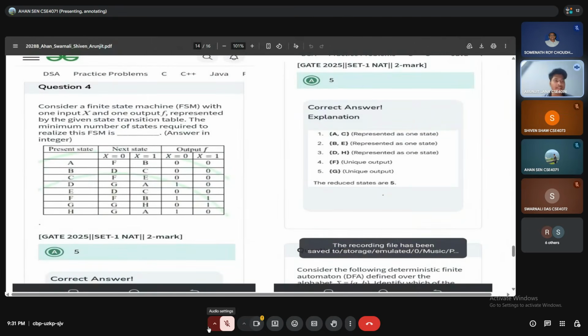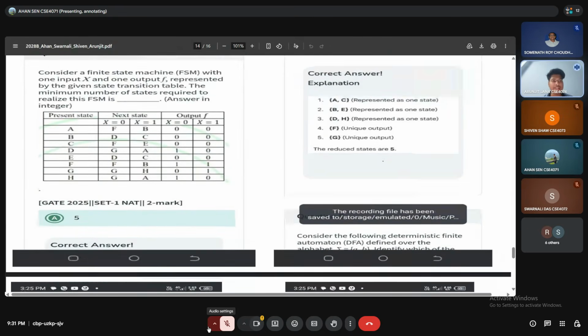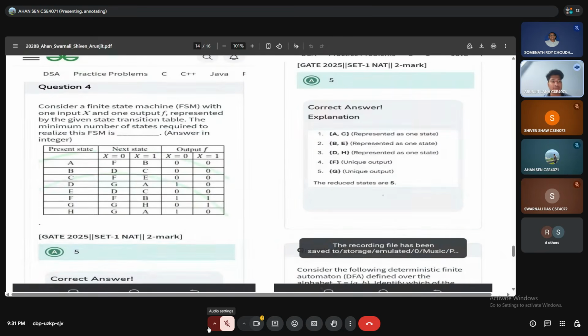In this question, there is an example of finite state machines. In the present state, we can see A and C, A and F are having a similar next state, for x equals 0 and x equals 1, where A considers F B and F considers F B, so we can get A and F as one state.